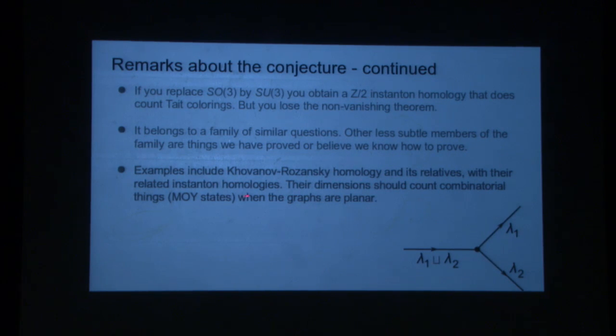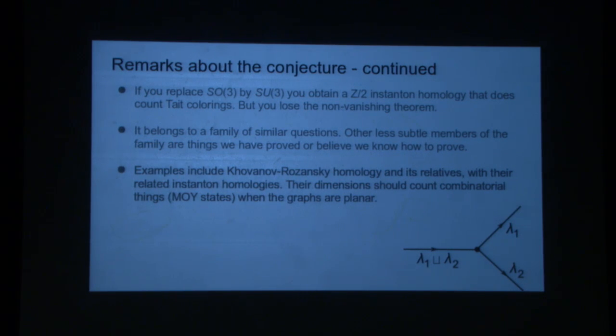As far as I know, the categorified quantum algebra invariant, which is supposed to count Moy states for planar graphs, may not be verified as well defined for embedded spatial graphs in general.